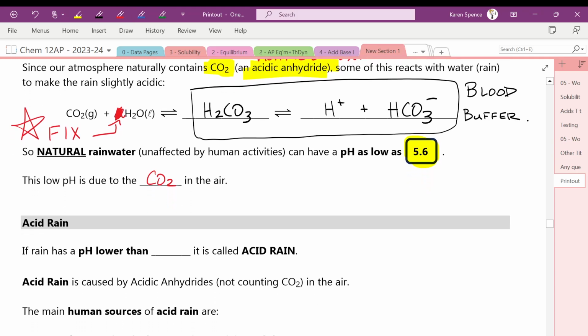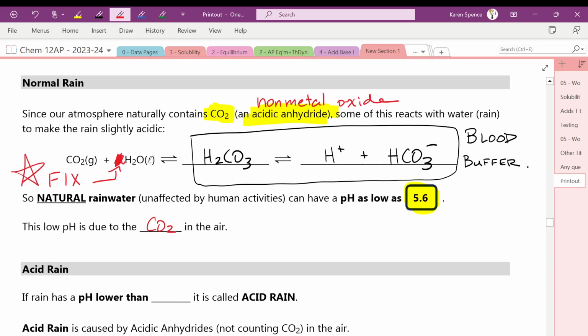Acid rain, on the other hand. This reaction is also responsible for acidification of the oceans. You know, with global warming, we got more CO2 than before. So this is also responsible for acidification of oceans and lakes and stuff.